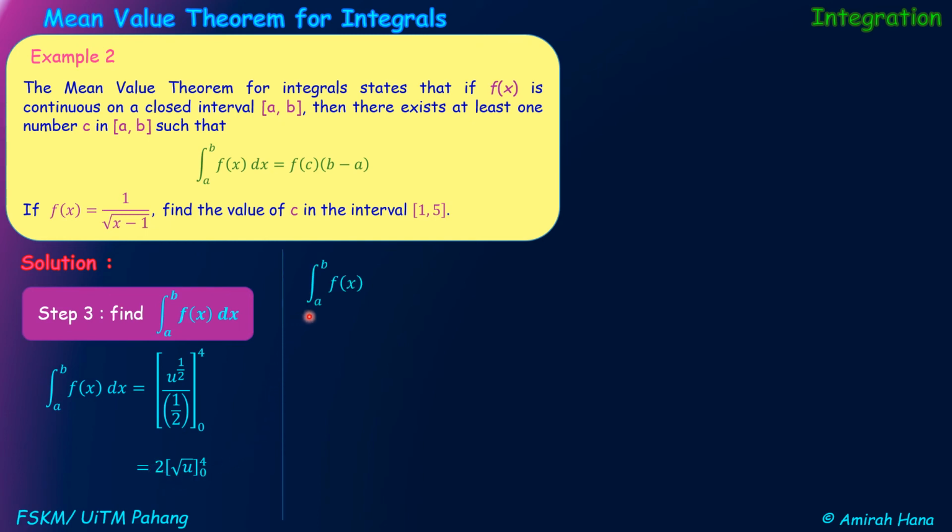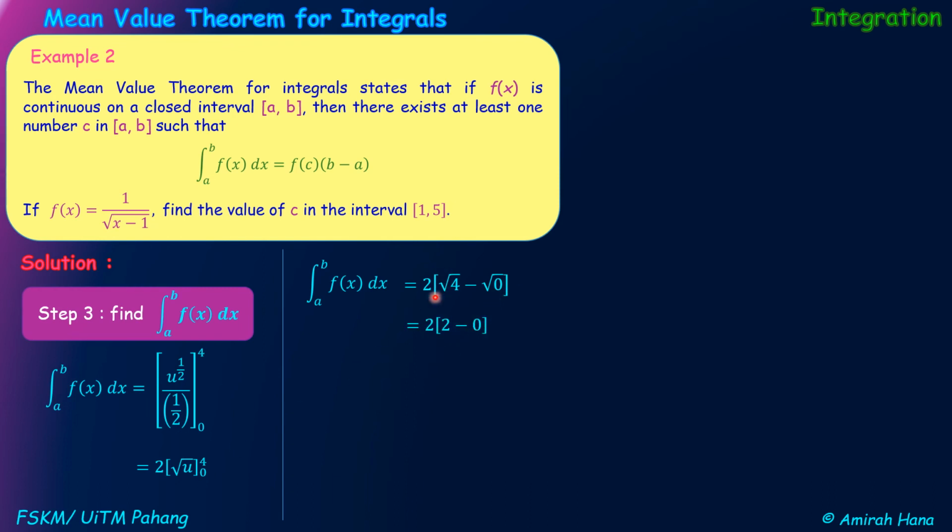After that, we have integration from a to b of f(x) dx equals 2 times the square root of u. We substitute the upper limit first into u. We can straightforwardly substitute 4 into u because 4 and 0 here are the values of u. So we have square root of 4 after we replace the upper limit 4, and in between we must put minus, and then we replace the lower limit 0 into u, so we get square root of 0.